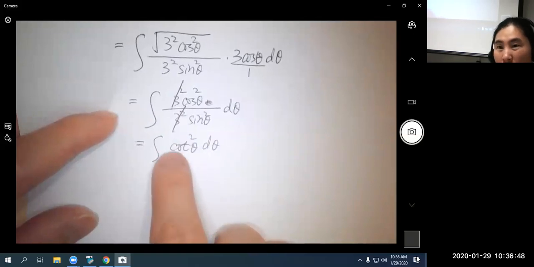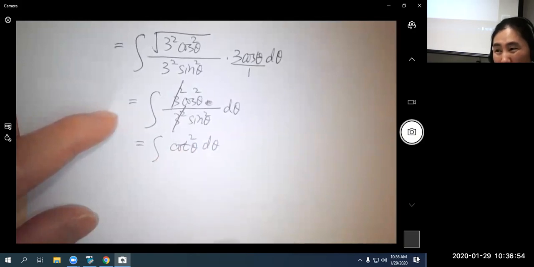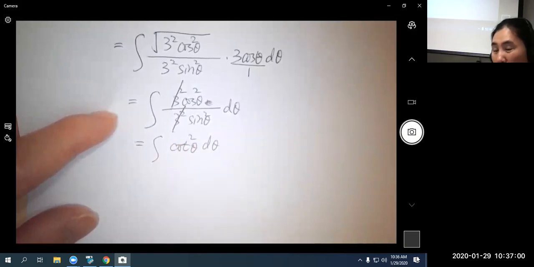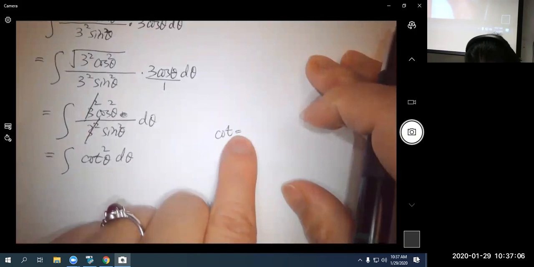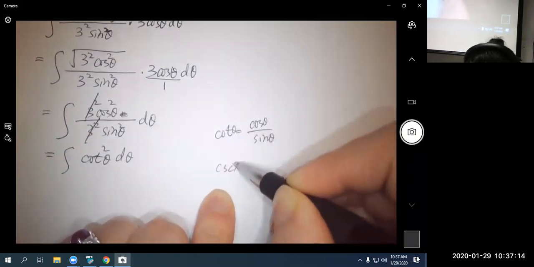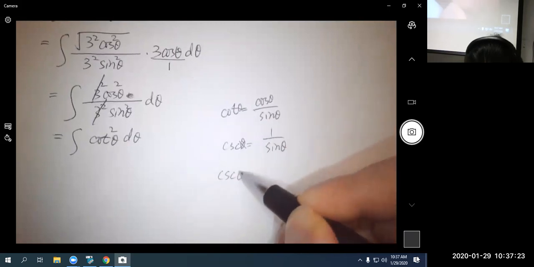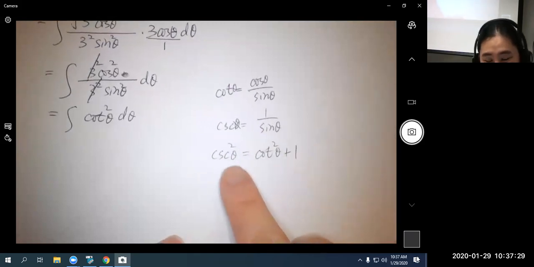But we can rewrite it using the trig identity for cotangent and cosecant, because we want cosecant squared. Cotangent equals cosine divided by sin, and cosecant equals 1 over sin of theta. So I want to say that cosecant squared theta equals cotangent squared theta plus 1 or minus 1. This is something that we want to prove.